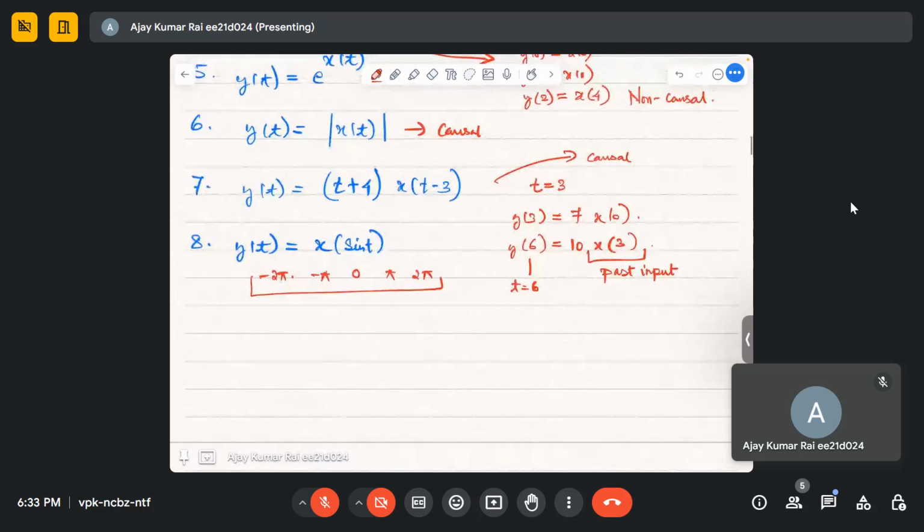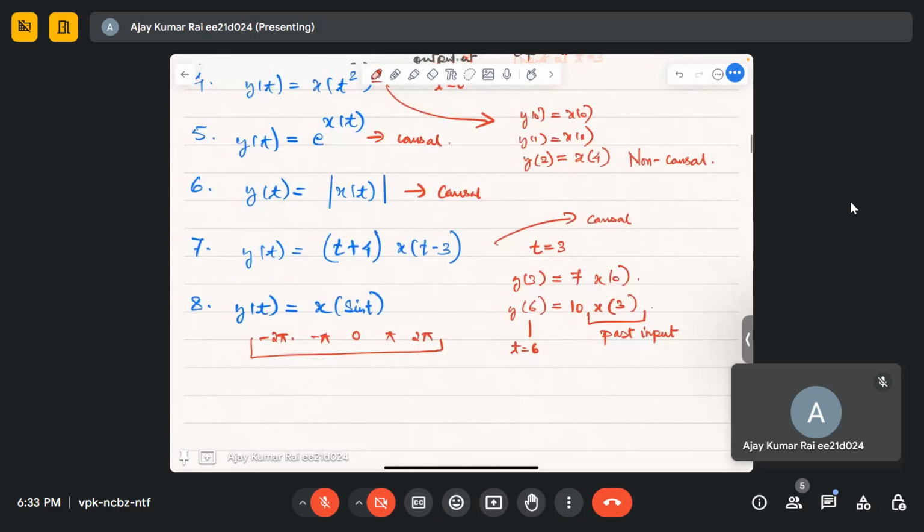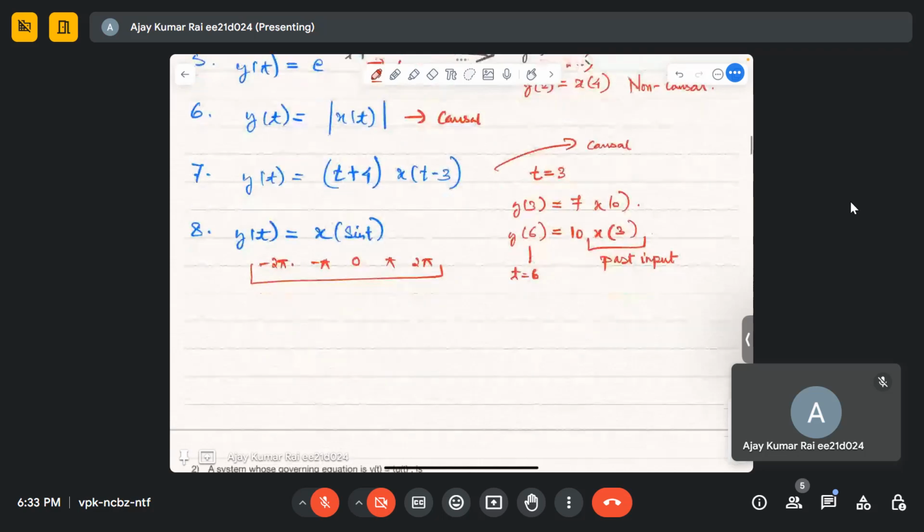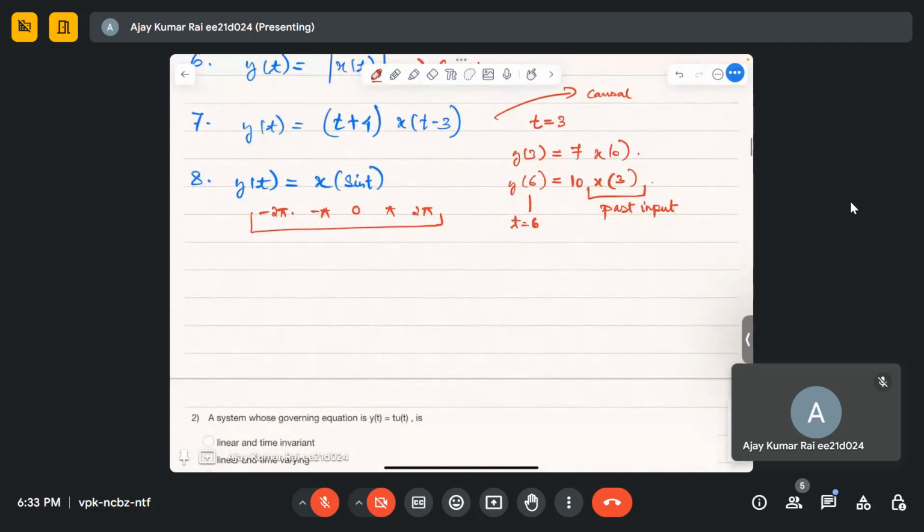Just tell me. Okay, let's first put minus 2 pi here.